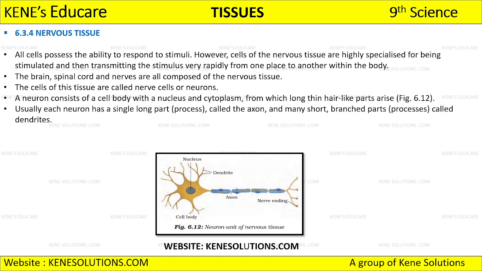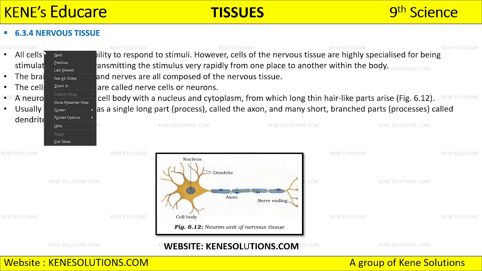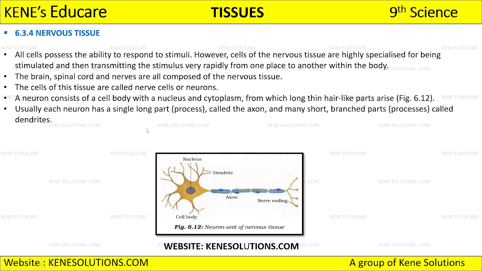Those are the long thin hair-like parts which elaborate from there. A neuron consists of a cell body which has a nucleus in the center. Around the nucleus we have cytoplasm, and from the cytoplasm we can see the dendrites spread all around.